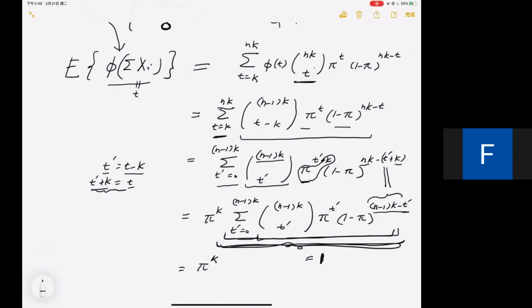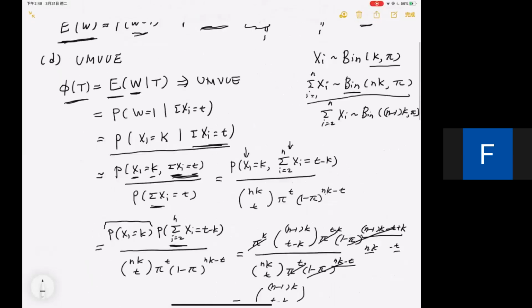So eventually it's an unbiased estimator of pi^k. Any questions on number 1?